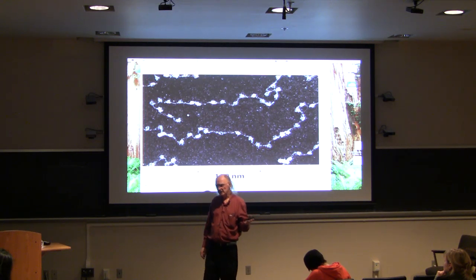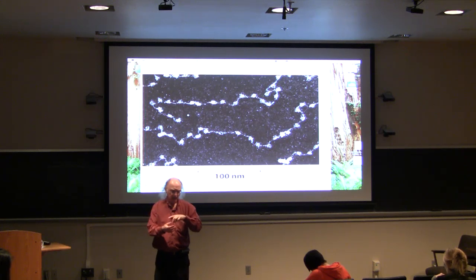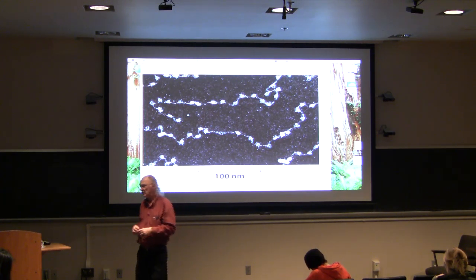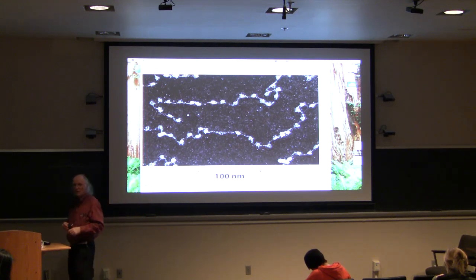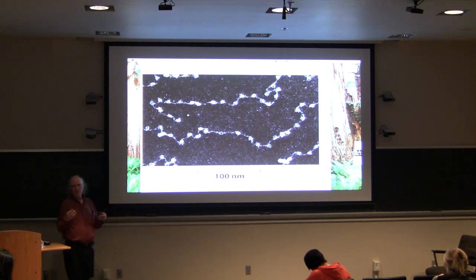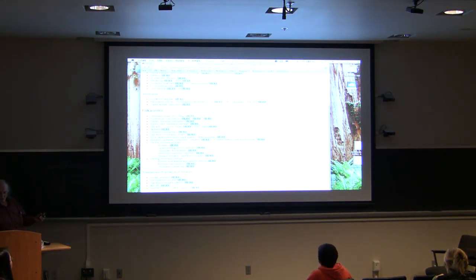Because they're positively charged and because they have the shapes that they do, they can form a core around which DNA wraps. So a nucleosome core contains 8 proteins, 2 copies each of 4 different proteins, and the 4 different proteins are shown right here.